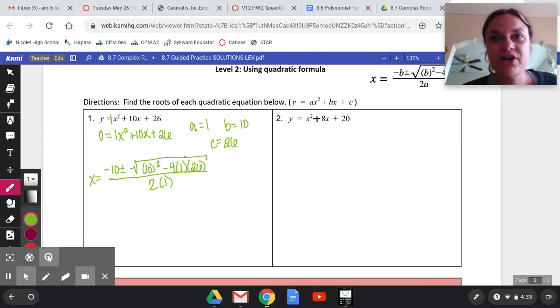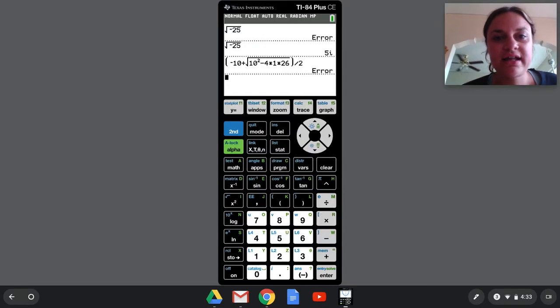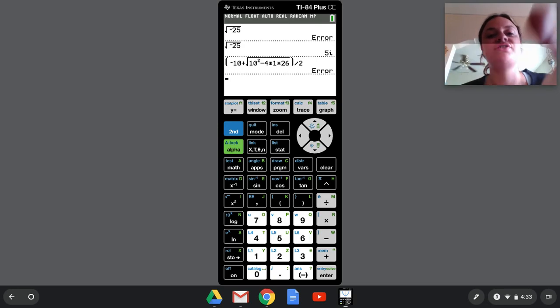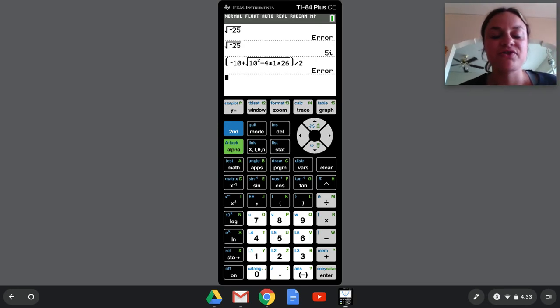Okay, so when you enter it into your calculator, you should get this. I entered that entire thing in, making sure my entire numerator was in parentheses. The problem is, if I entered just what's underneath the radical into my calculator, and note I just did the plus part, I didn't do the minus, I'll do that next, I would get a negative number.